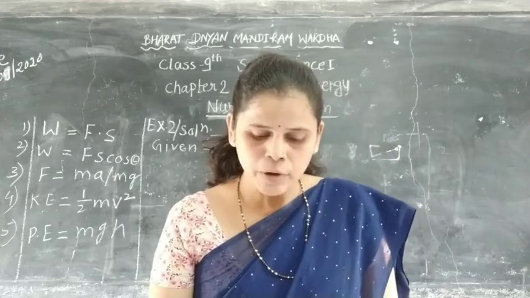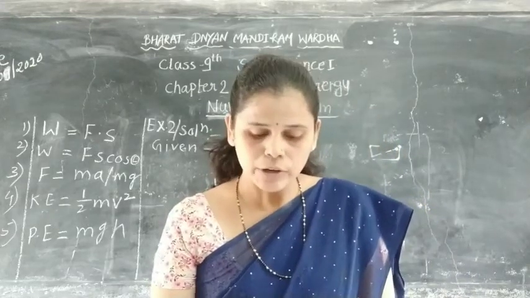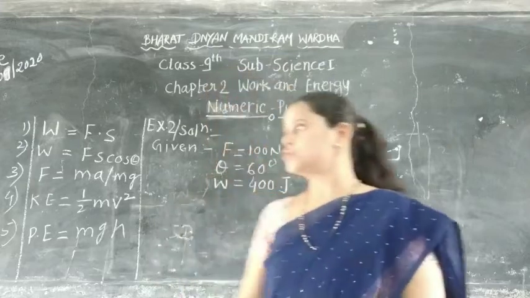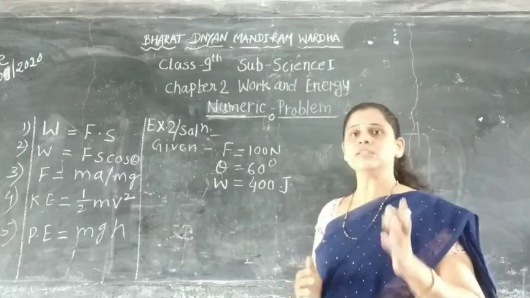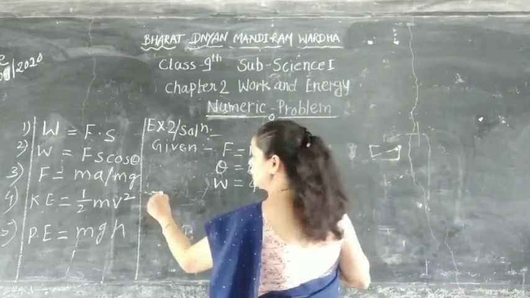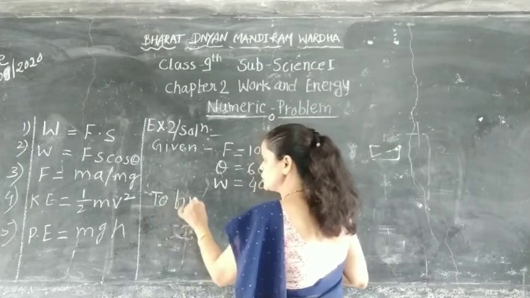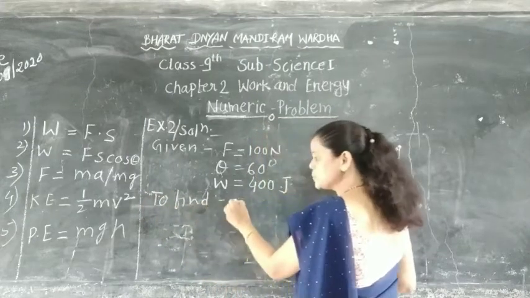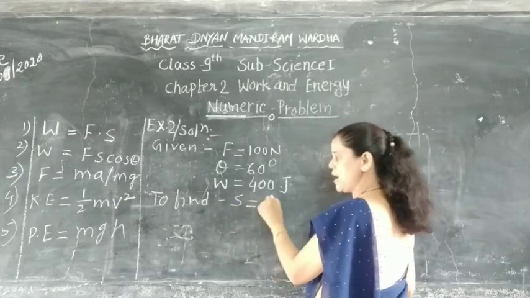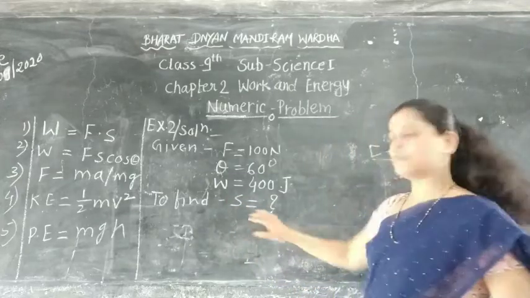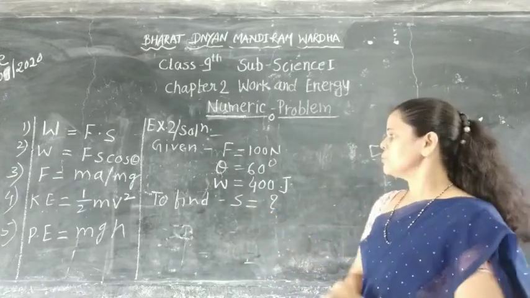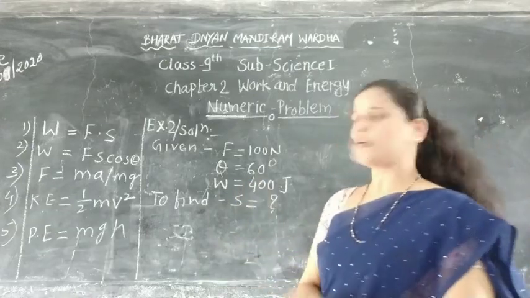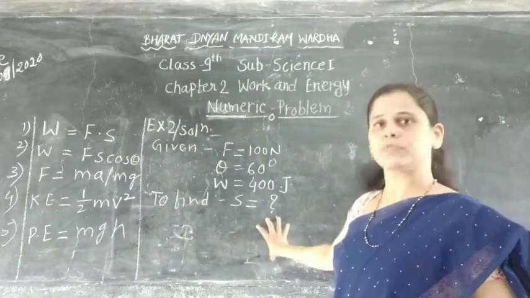Then next, 400 joule work is done. What is the displacement of the object? So we have to find out the displacement. Write down here, to find: displacement, that is denoted by S. We have to find this value. Understand? So think about which formula we have to use to solve this question.